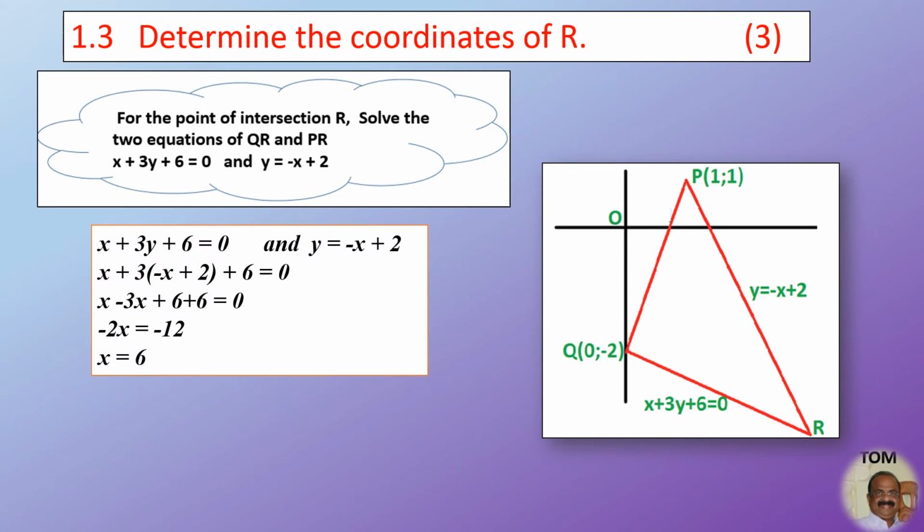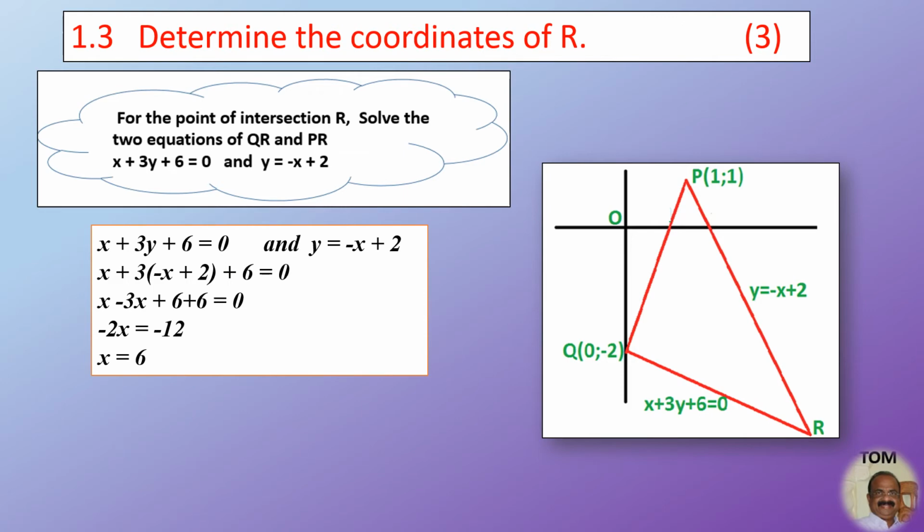X plus 3y plus 6 equal to 0 and y equal to minus x plus 2, where we substitute y equal to minus x plus 2 into the first equation. We get x plus 3 times (minus x plus 2) plus 6 equal to 0. Removing the bracket and simplifying the equation, we get x equal to 6.